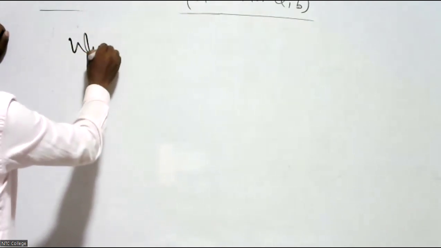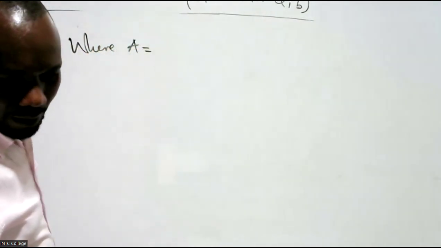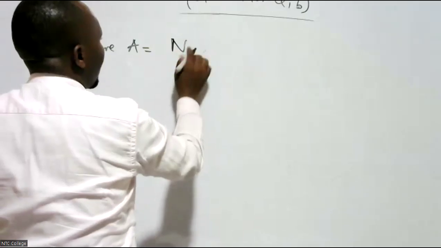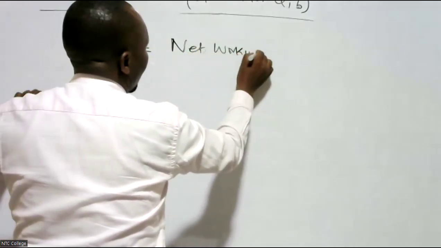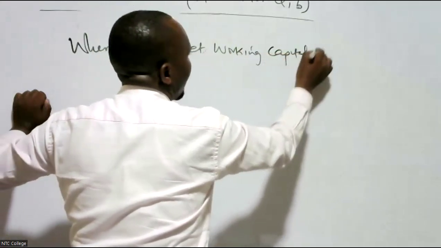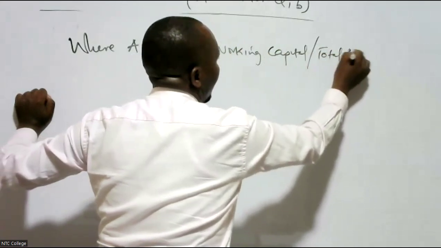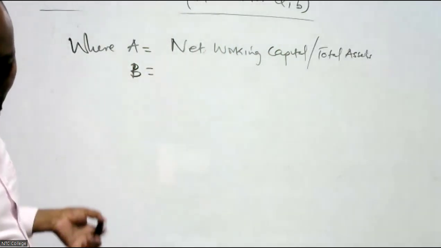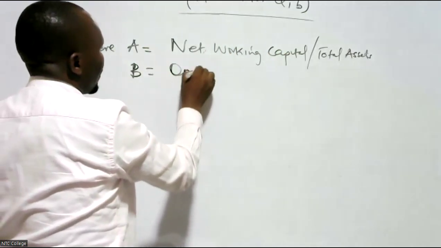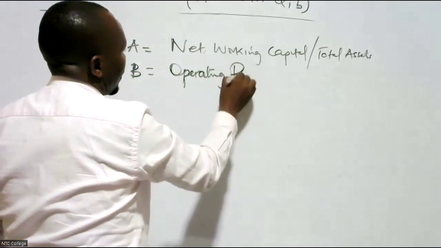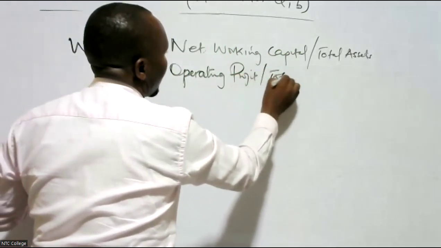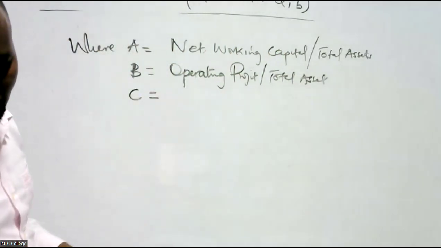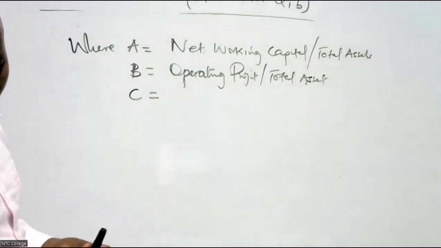Where A is net working capital all over total assets, B operating profit all over total assets, then C net profit before tax all over current liabilities.